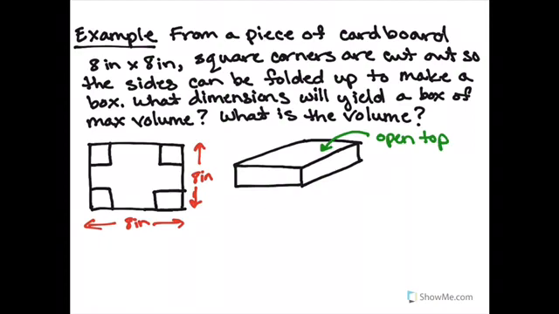Okay, so before I worry about the volume, let's get some variables on our piece of cardboard here. So let's say that these squares that I'm cutting off the corner of my box are x by x, and all of them are going to be that.